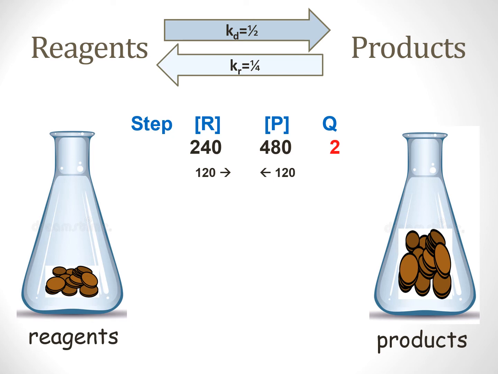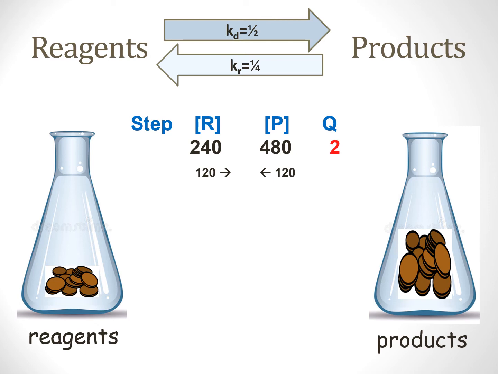Q is already 2. When we go to calculate the amount of coins that would move from left to right, that's half of 240, so that would be 120. The number of coins that would move from right to left would be 1/4 of 480. That's also 120. So the net movement is 0.